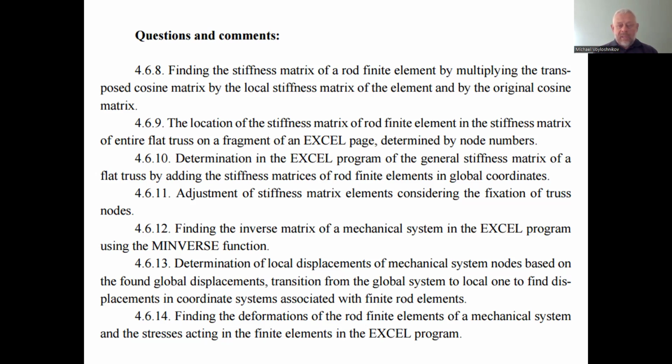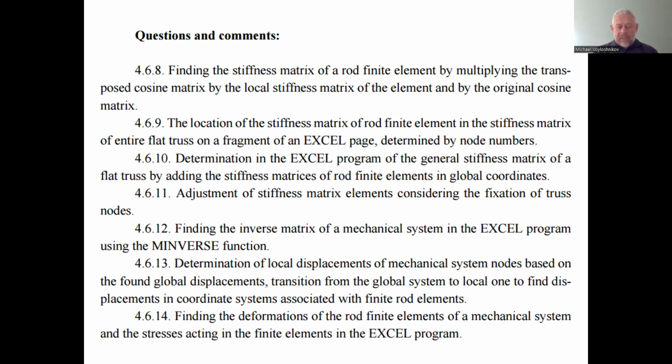When we combine the stiffness matrices of each finite element, determined in the global coordinate system, into the stiffness matrix of the integral mechanical system, we need a template with cells available for each node of the discrete model of the mechanical system.